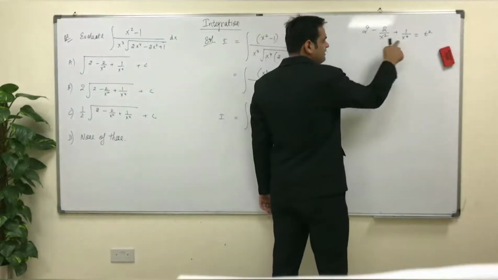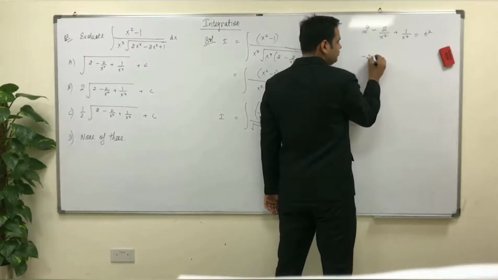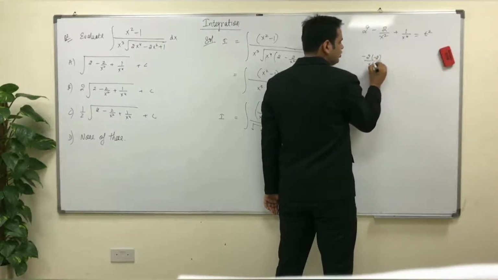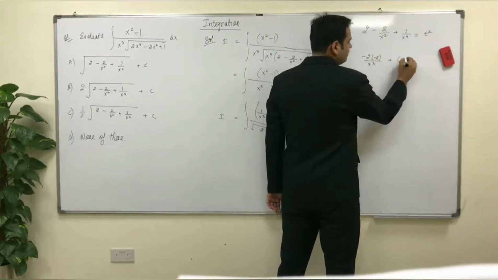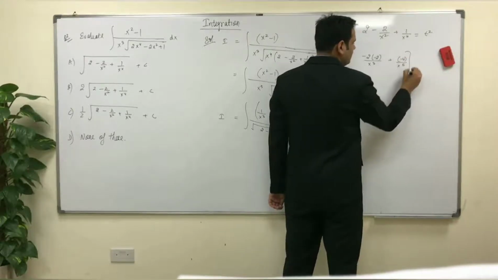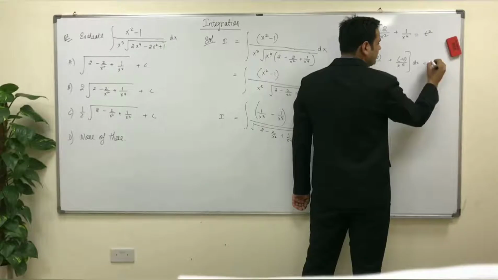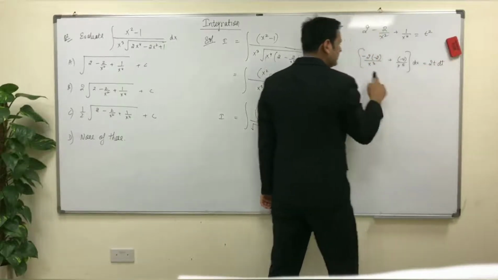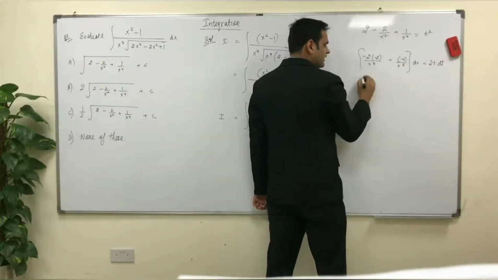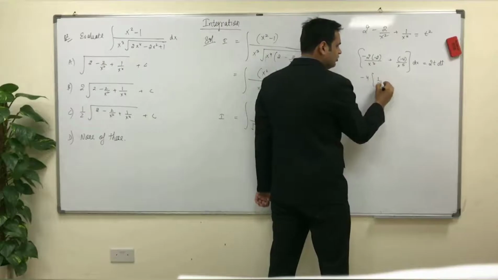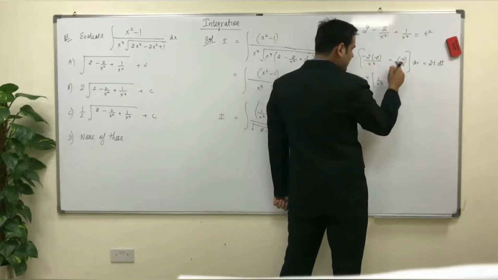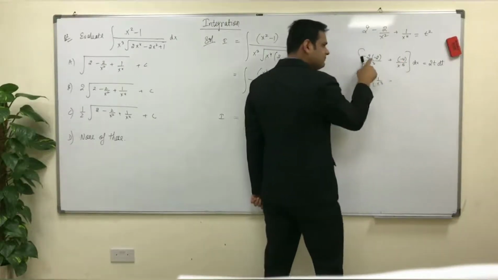Now it will be what? If I differentiate now, it will be minus 2 divided by x cube plus 4 divided by x to the power 5 multiplied by dx, equal to, and t square will be what? 2t dt. So I can take 4 common. It will be 1 by x cube. Okay, I can take plus 4 common, right?